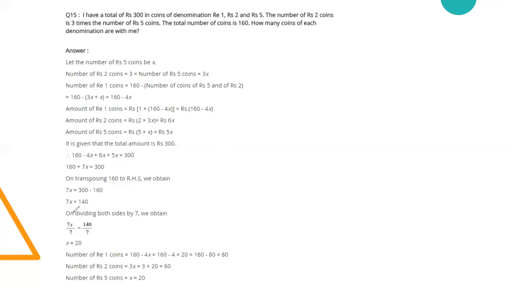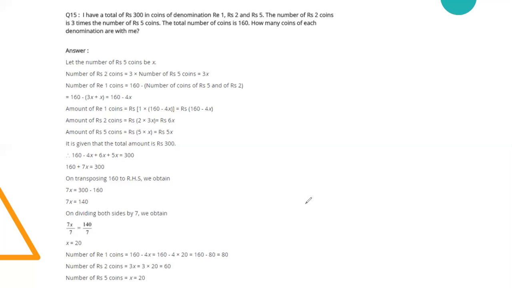You can either divide both the sides or you can transpose 7 to your RHS and directly divide 140 by 7, right? So when we divide both the sides, our 7 and 7 cancel off and x equals 140 by 7, which gives you 20, right?